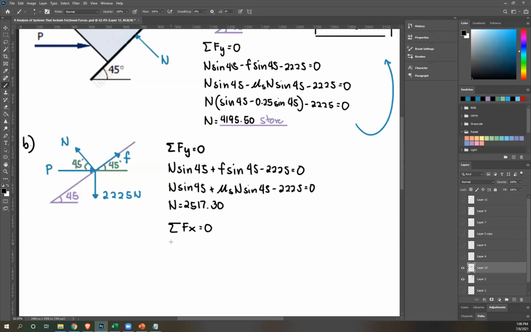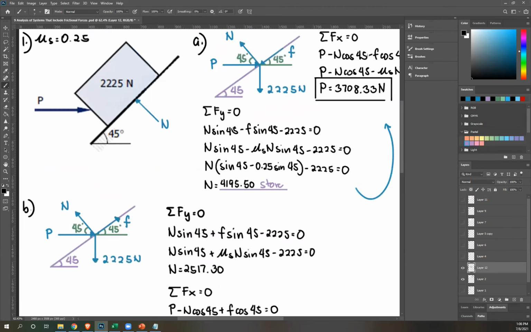Then afterwards, summation of forces x. Okay, p to the right. So p, n is to the left, so negative n cosine 45. F is to the right, so plus f cosine 45 equals 0. Right? As you can see, the only difference is the sign.